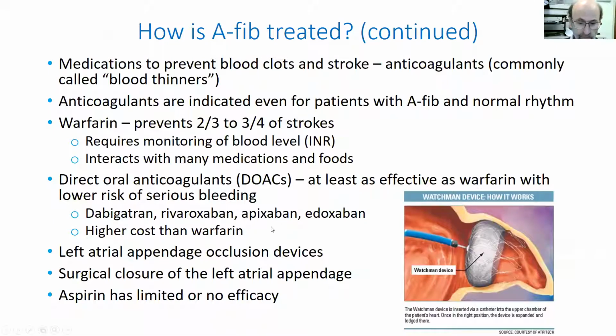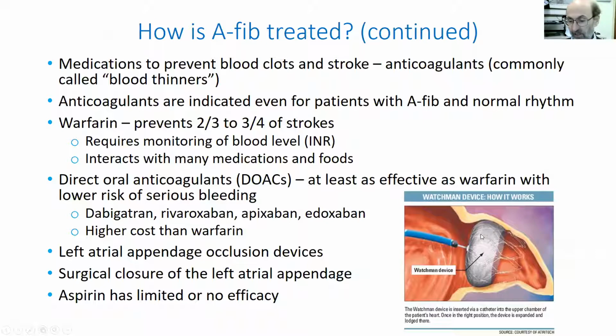So the Watchman procedure, the Watchman device, is the name of this device that's inserted to block off the left atrial appendage. It's inserted using catheters, so it's not an open heart procedure. It's a pretty safe procedure. It's not associated with a lot of risk. It has to be positioned perfectly in the left atrium.